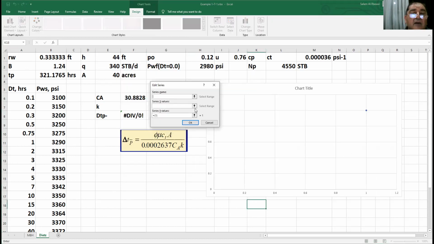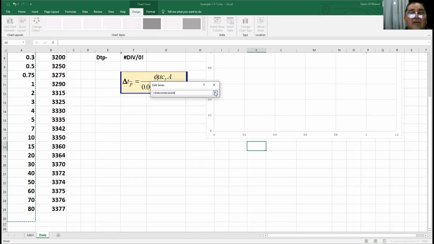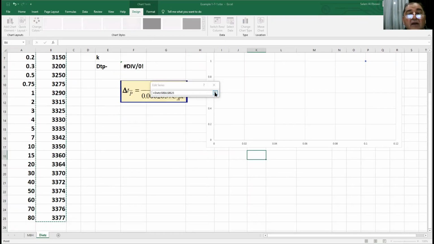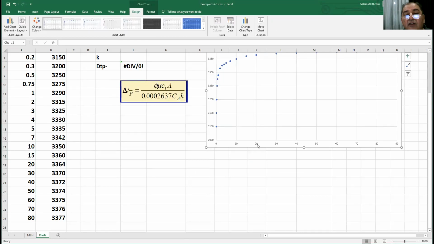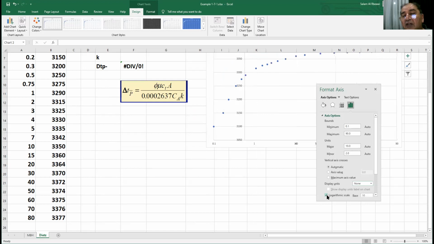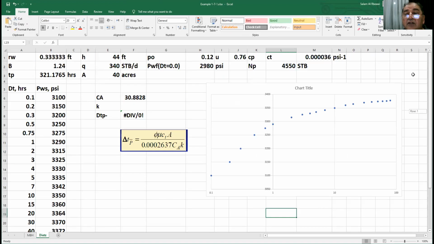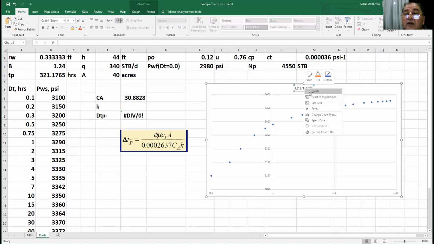Add. This is your delta T as it is, and this is your pressure. And this should be log scale, logarithmic scale.